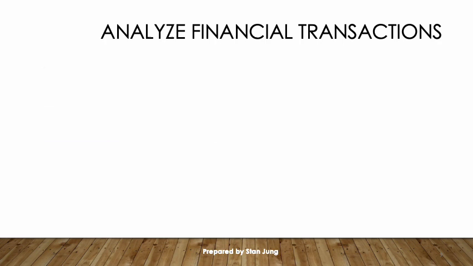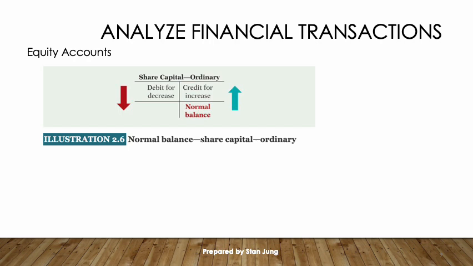Now let's take a look at the equity accounts. Share capital is the initial investment by the investor. We're going to show increases in share capital by making a credit. So the normal balance for the equity account is a credit balance. And we're going to show decreases in the balance with a debit.